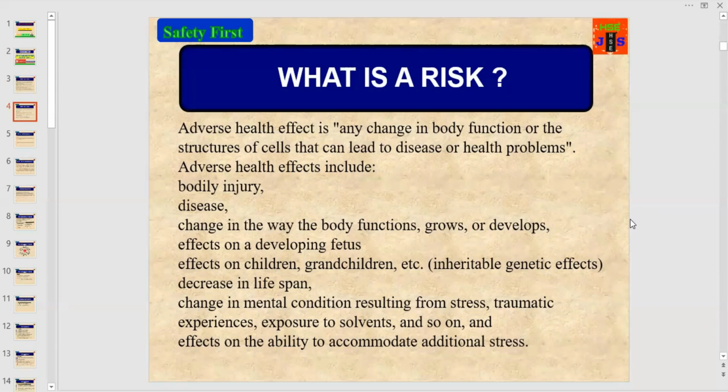Adverse health effects include bodily injury, disease, change in the way the body functions, grows, or develops, effects on children, grandchildren, etc., like inheritable genetic effects, decrease in lifespan, change in mental condition resulting from stress, traumatic experiences, exposure to solvents, and so on, and effects on the ability to accommodate additional stress. This is the complete definition of risk.